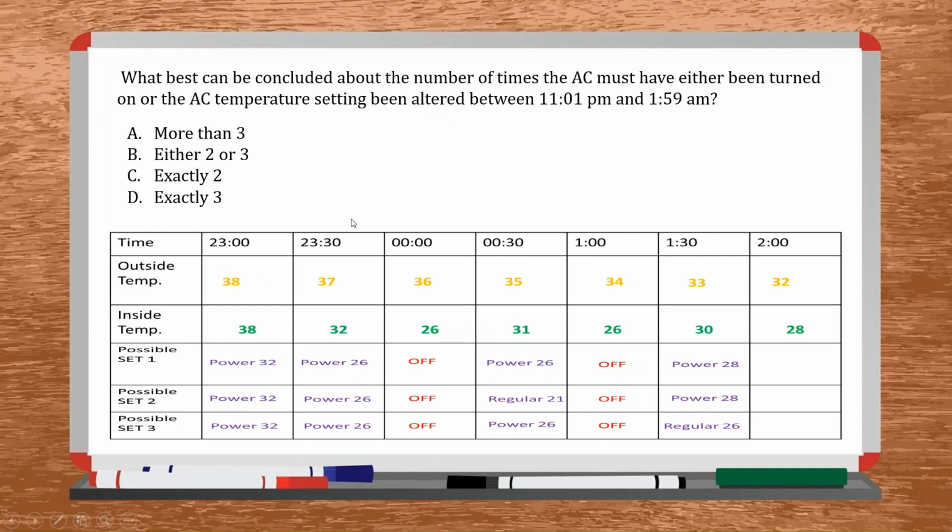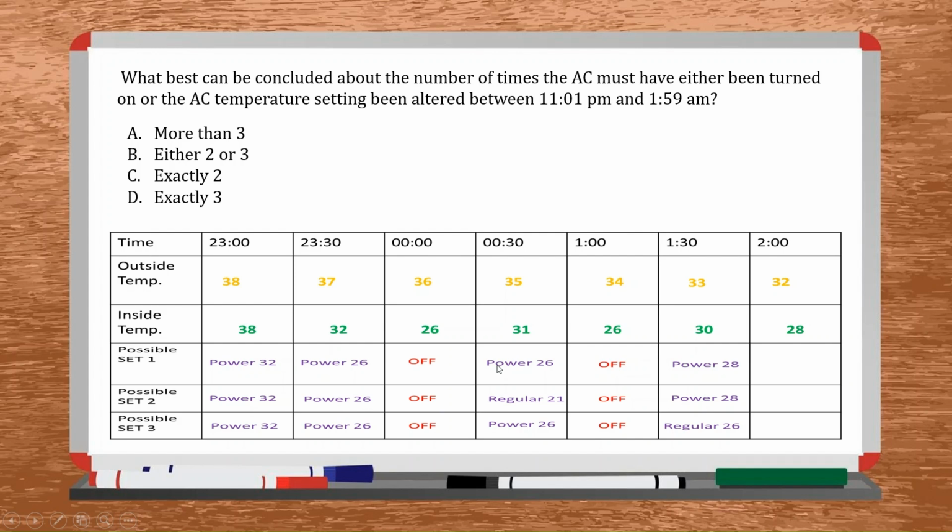Next is, what best can be concluded about the number of times the AC must have been either turned on or the AC temperature setting has been altered between 11:01 p.m. and 1:59 a.m.? Since it's 11:01 p.m., we'll have to ignore the 11 slot values, so we'll start from 11:30. In set 1, we have changed the AC from power 32 to power 26, so that counts as one setting.